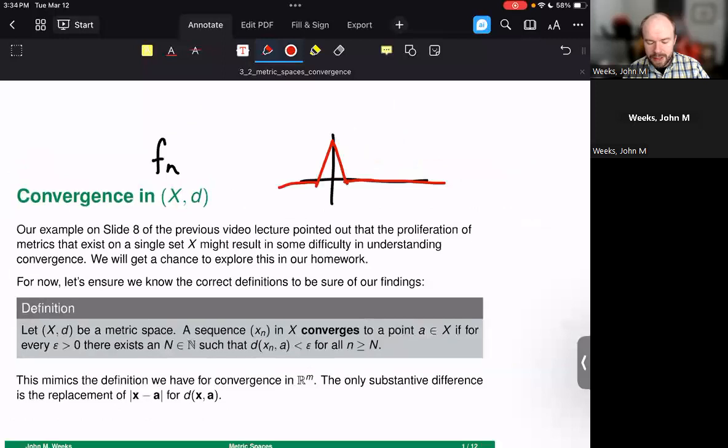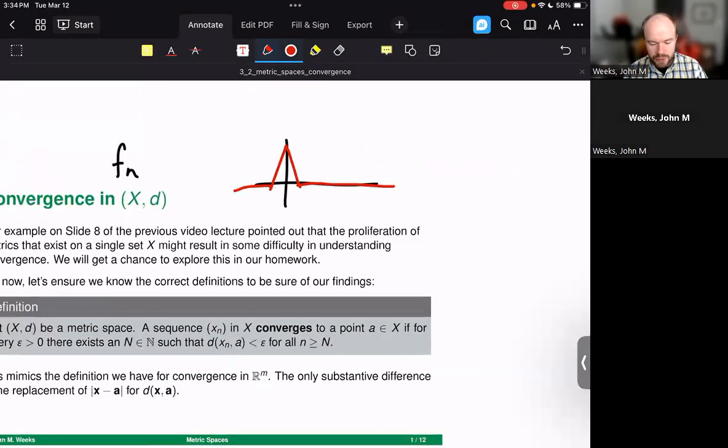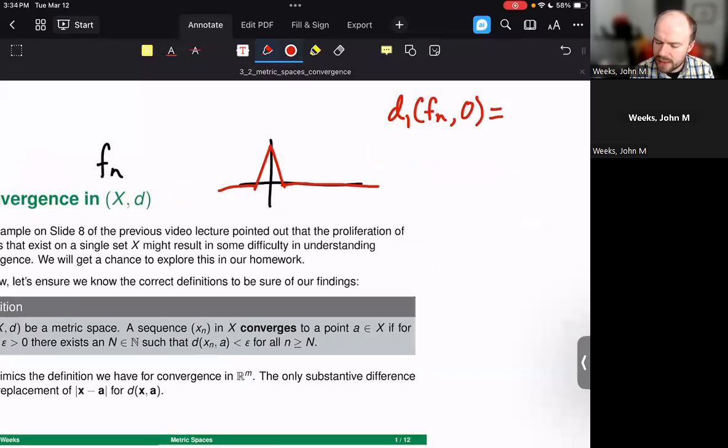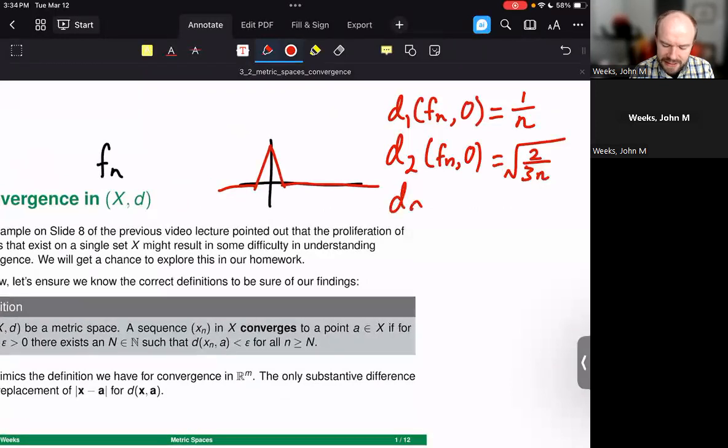For example, and we'll see this in a future one because I worked out the d sub 2 example, the distance d sub 1 from f sub n to 0, I believe, was something like 1 over n. The distance d sub 2 from f sub n to 0 is the square root of 2 over 3n. And then finally, d infinity of f sub n and 0 was equal to just 1 for all n.